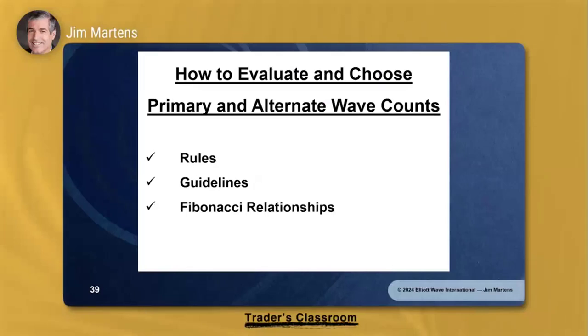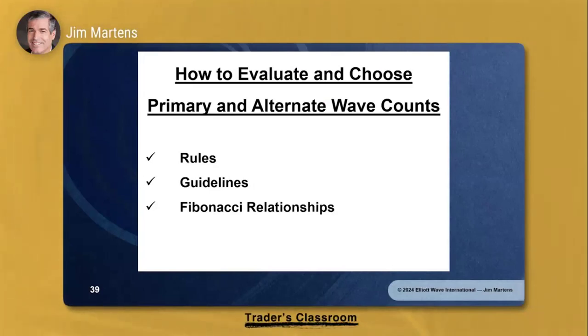So, in closing, how do we evaluate and choose a primary count? Which count is primary and which is alternate when we have multiple counts available to us? Well, we consider each count and how well they're adhering to the rules, although all rules should be followed, adhere to the guidelines, and to relationships between waves, including Fibonacci relationships.